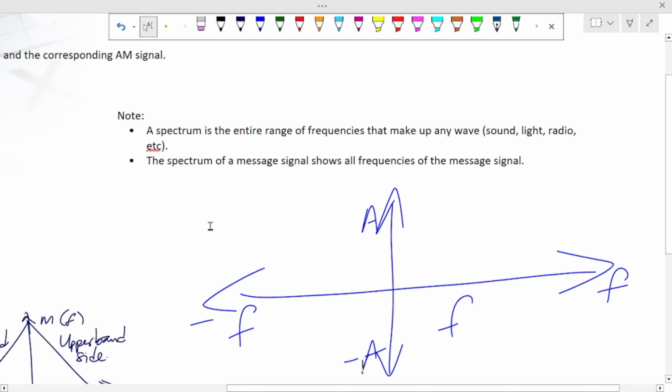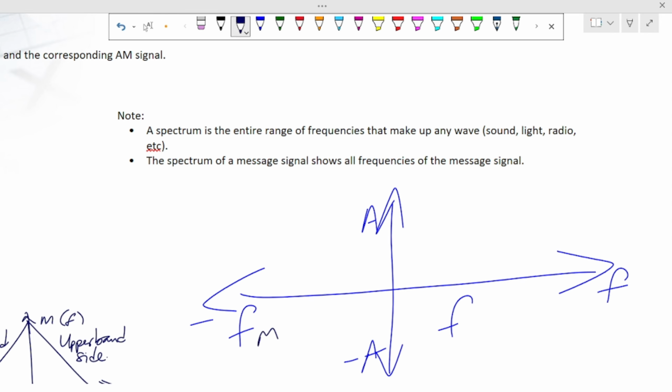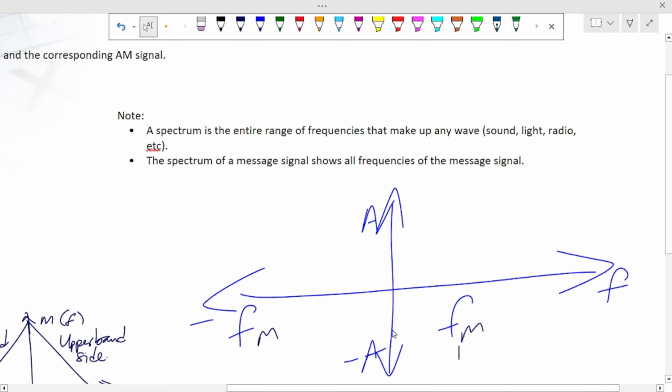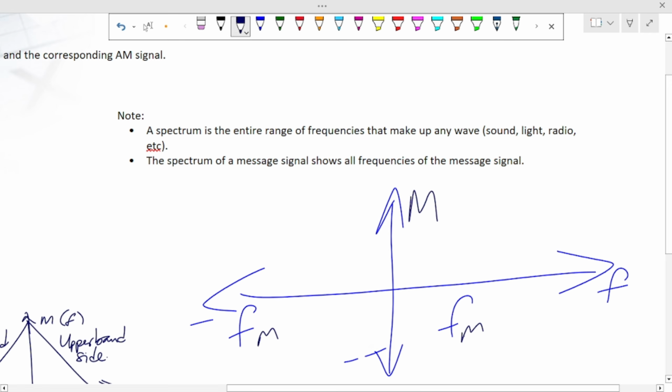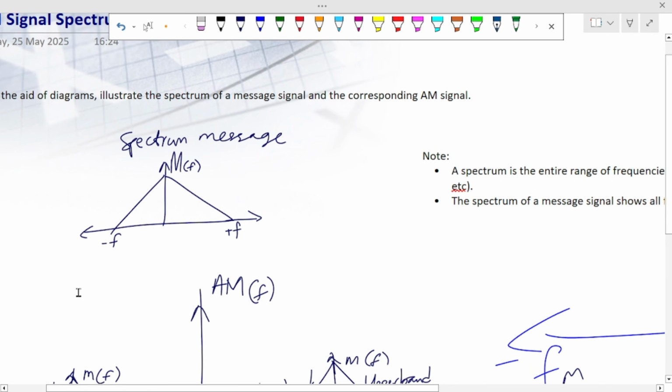So we'll now have it like this: frequency for message signal, and let this be the message signal. Are we seeing it now? It's just like what we have here.